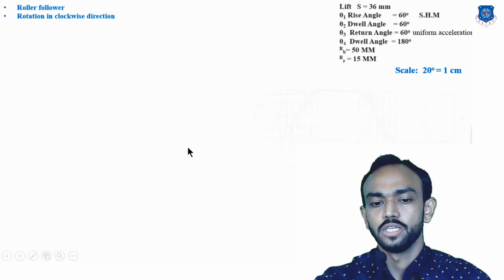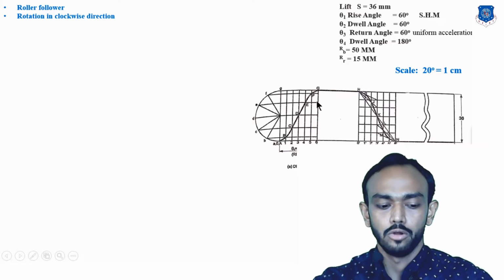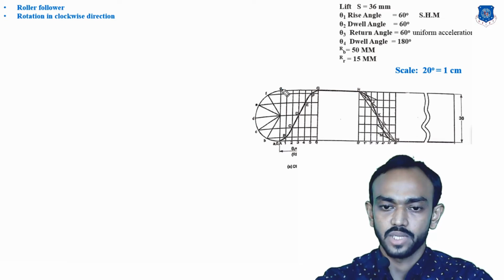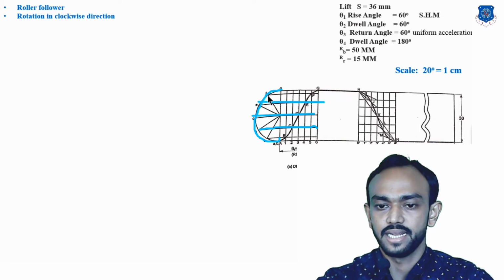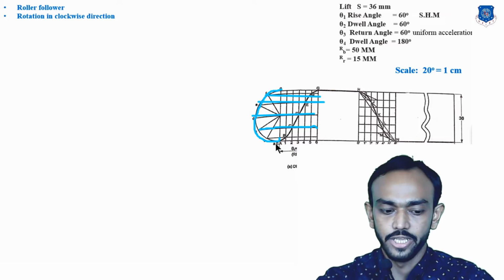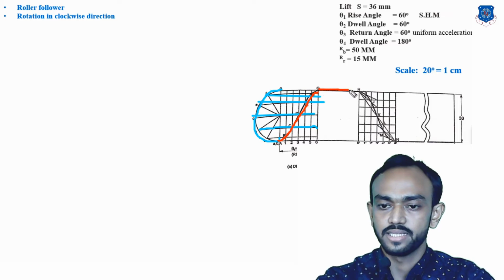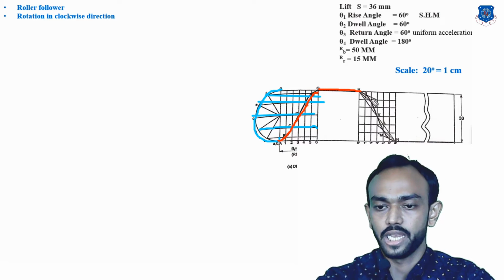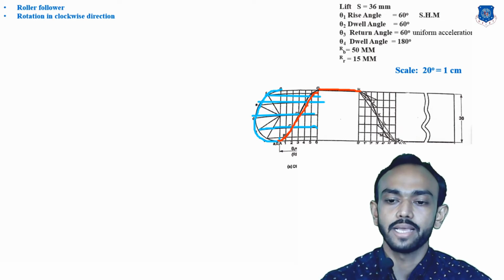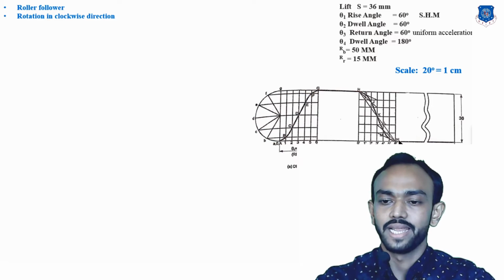You have to make a semicircle here and extend these lines. The intersecting points will give you this curve, which is the rise with simple harmonic motion, then dwell, and then you will draw the uniform acceleration.